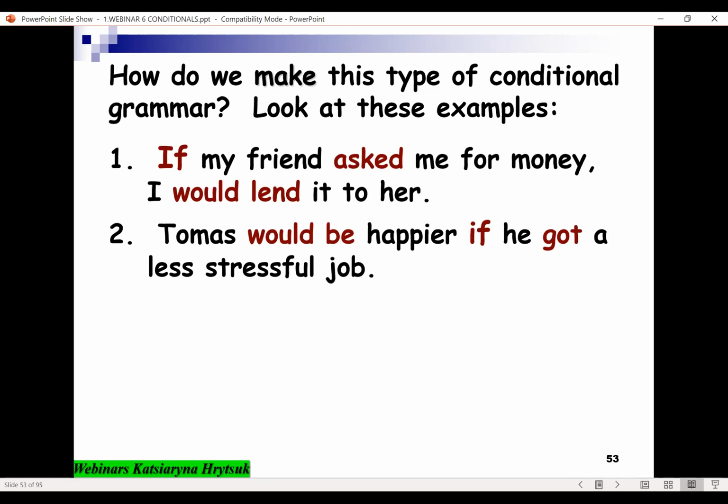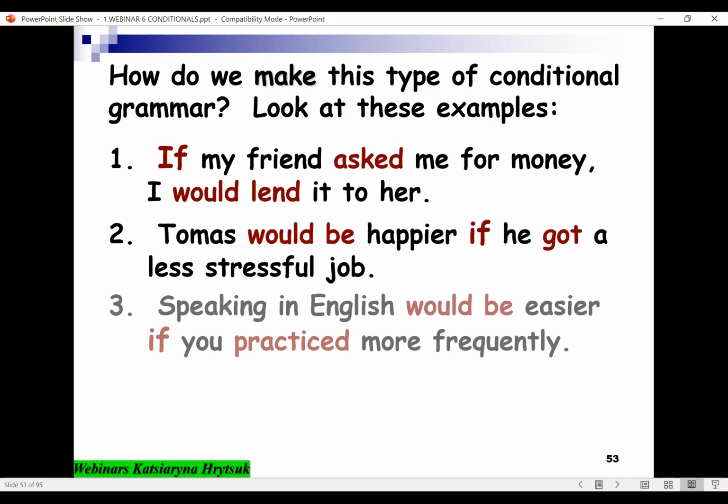If my friend asks me for money, I would lend it to her. We imagine a situation in the present. Laurence, help me to read the second one. Thomas would be happier if he got a less stressful job. And the third one? Speaking in English would be easier if you practiced more frequently.